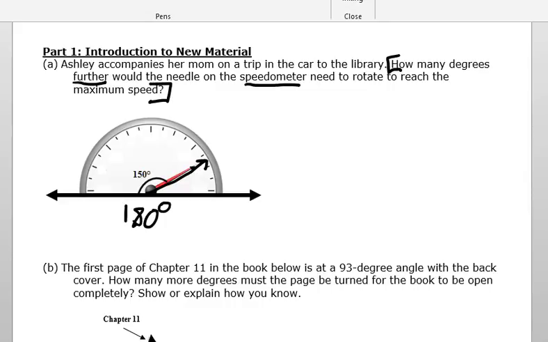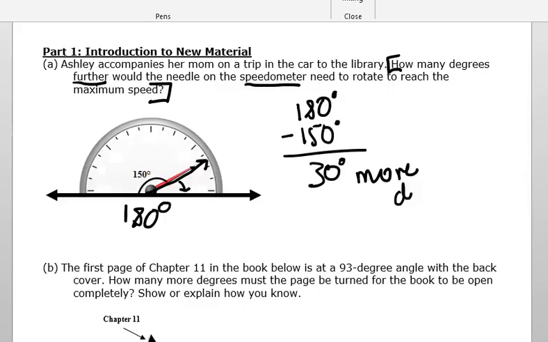So she's already at 150 of those 180 degrees. And if she were to reach that maximum speed, she would have to go all the way over till she got to that 180 degrees. So I would say 180 degrees minus 150 degrees. She would need to go 30 more degrees to reach that maximum speed.